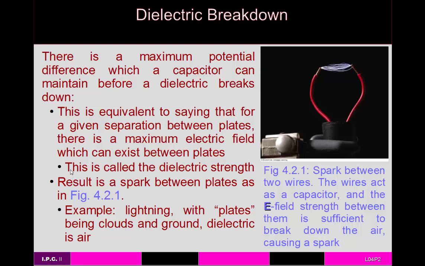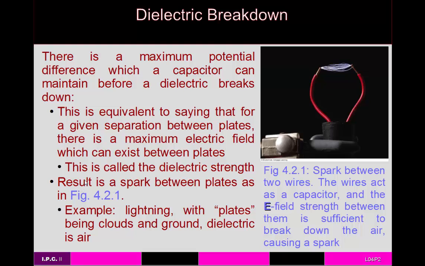And this maximum electric field strength is called the dielectric strength of the material. And so one obvious example of this is shown here in this diagram to the right.